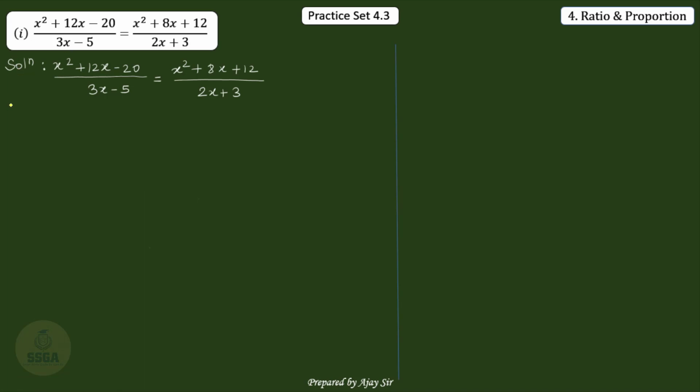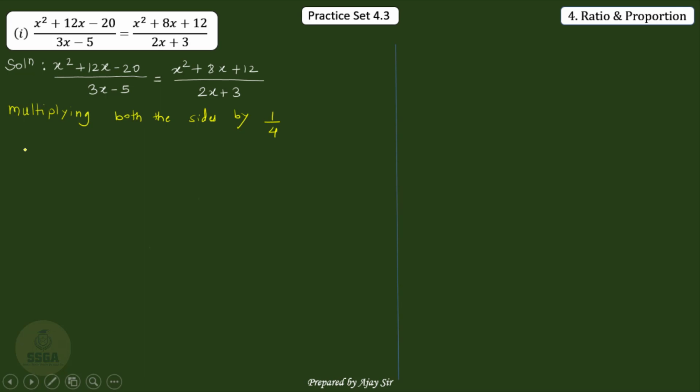Multiplying both the sides by 1 by 4. So let us multiply both the sides by 1 by 4.